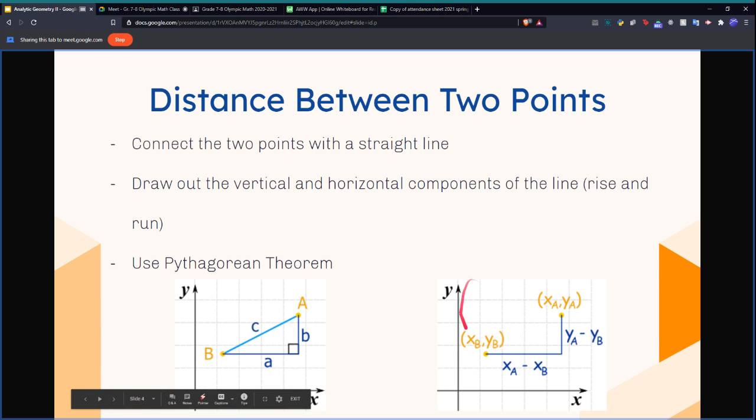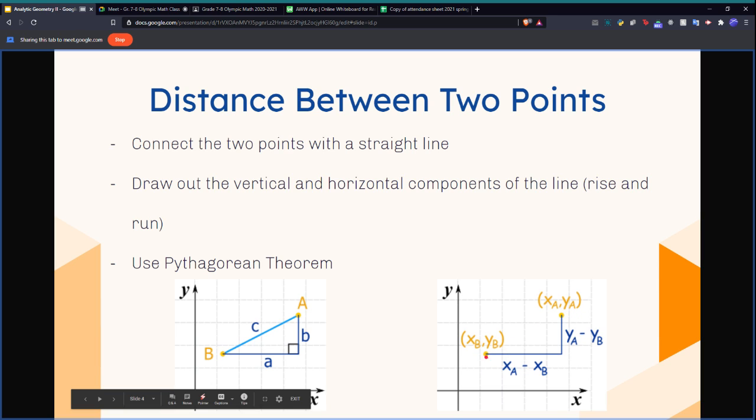Let's look at it in terms of the actual coordinates. They didn't connect the line here, but pretend there's a hypotenuse for this triangle, and here's a right angle. The rise, or the vertical component, is the difference between the y coordinates, so ya minus yb.